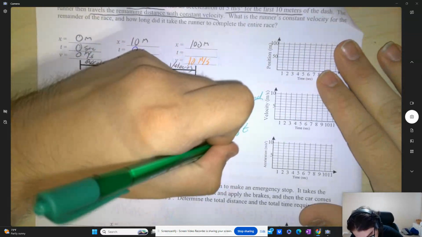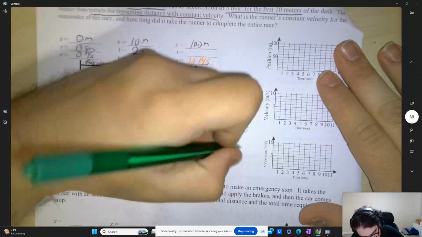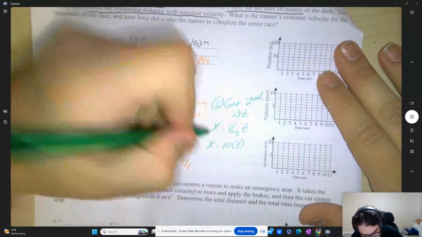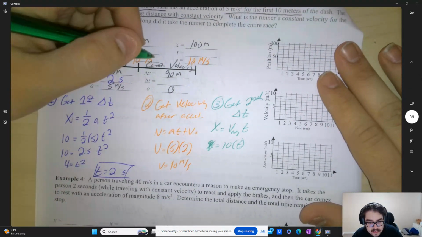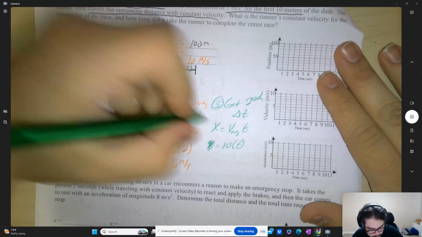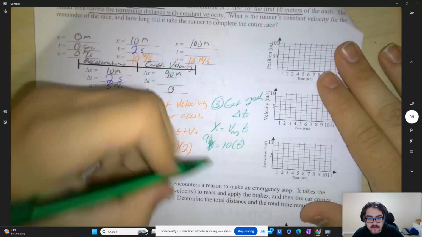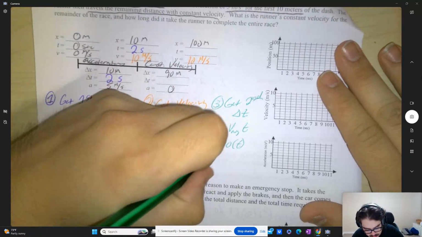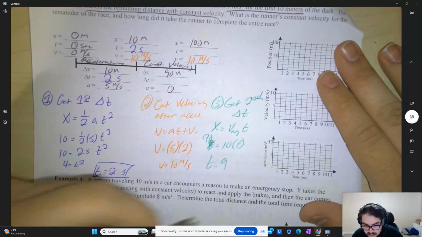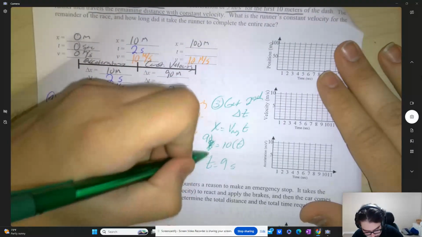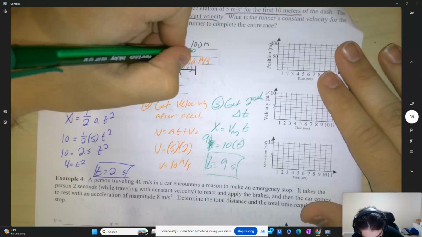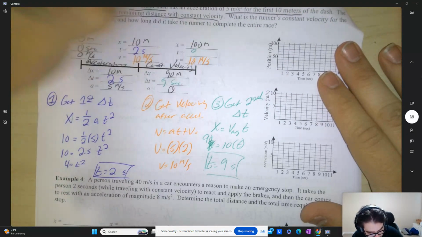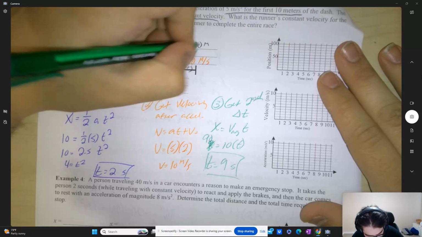The time, we don't know, but the change in position, we do know: he goes 90 meters, right? So there you go. 90 = 10 times t, and t, you should be able to see, is equal to 9 seconds. So it should be 9 seconds, and then the total time should be 11 seconds.